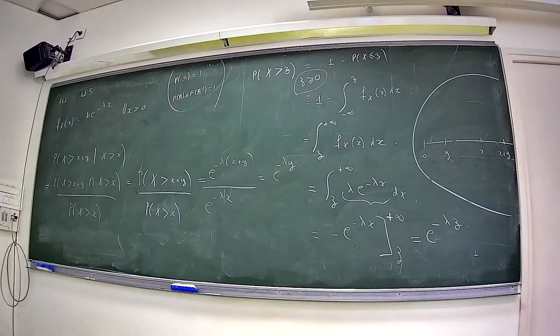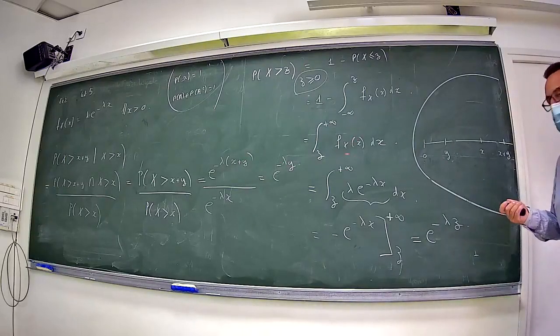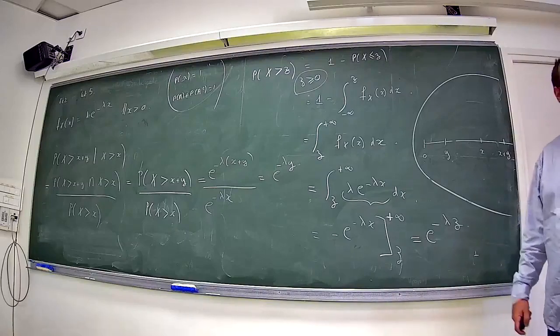This one always works; it's the consequence of this formula. And when I use a density function, it's because I have a density function. So when you have a density function, you can always write this one here, in the case where capital X has a density function.